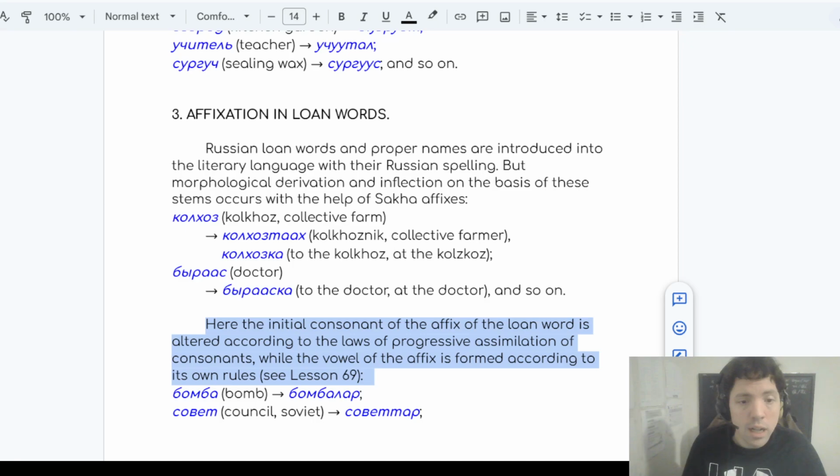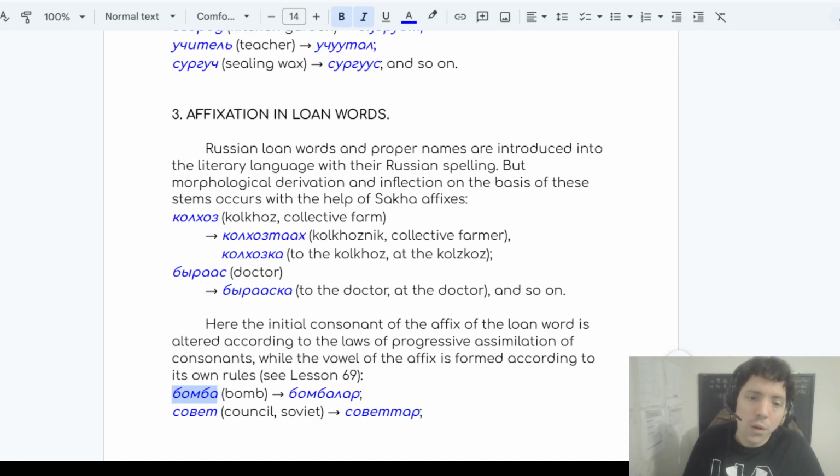Well, that's a mouthful, ain't it? But let's look at what they're talking about. Bomba, bomb, will become bombalar. So you can add the Sakha ending.